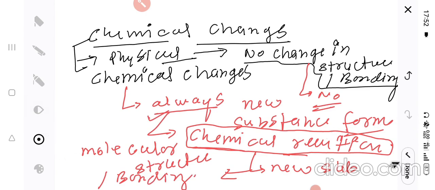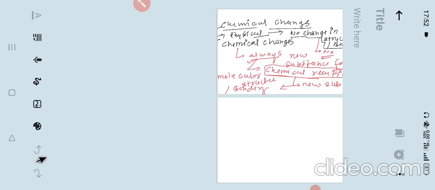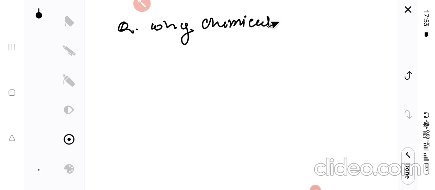Okay, next, see another one. What happens in chemical reactions? The question arises here: why do chemical changes occur?